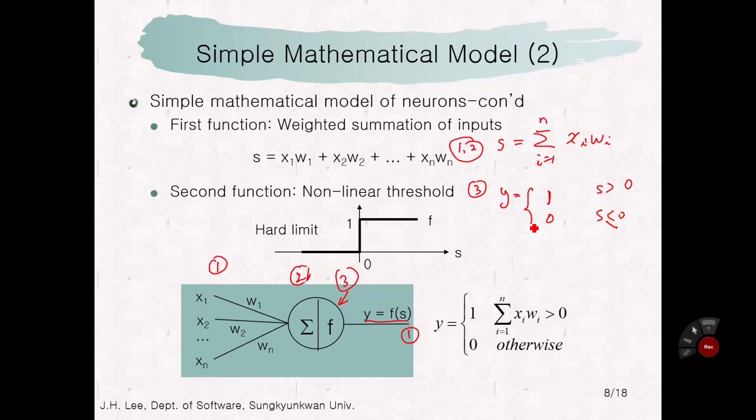So you may think that the binary neuron looks kind of stupid. Why? It produces only 1 or 0, right? We have a lot of different numbers, but the neuron can produce only 1 or 0. So it may look very stupid, but no problem. It's enough. Why?